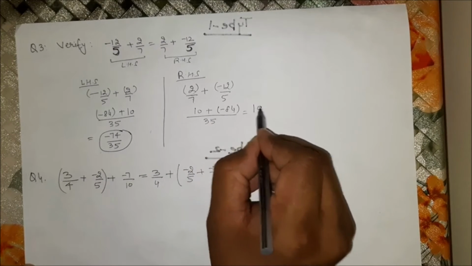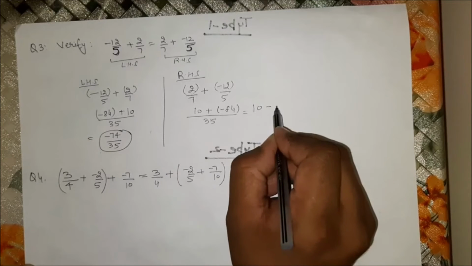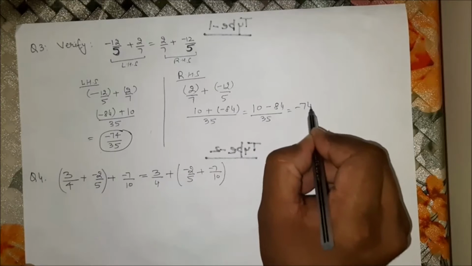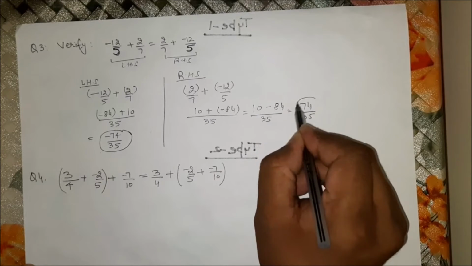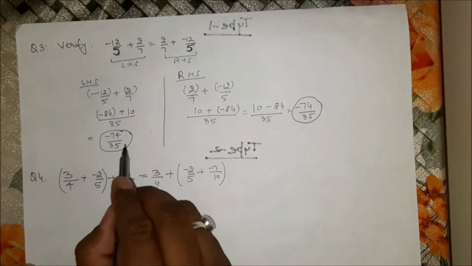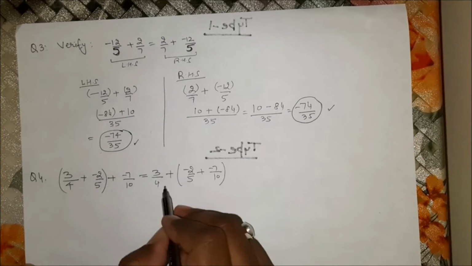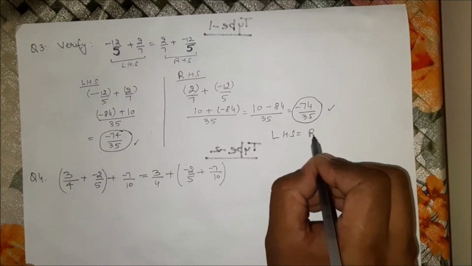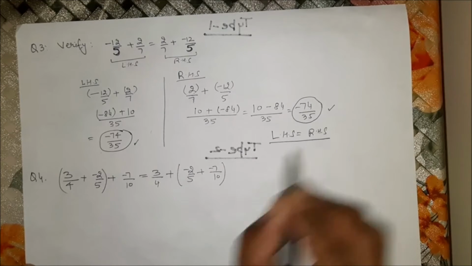If you solve it, 10 plus minus 84 by 35, you will get minus 74 by 35. You can see this left hand side and right hand side are equal, so we can write down left hand side is equal to right hand side.